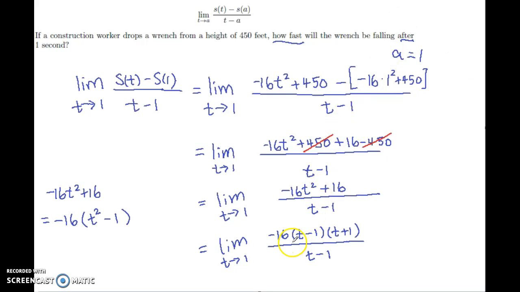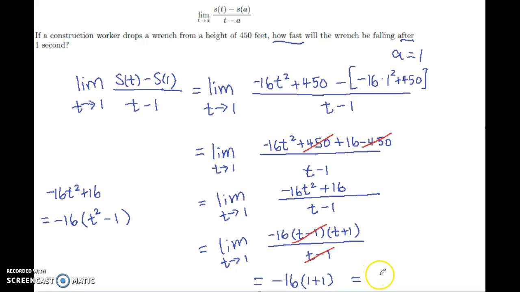So again, we have cancellation right here. And because we eliminate the troublemaker t minus 1, we can just direct substitute. We get negative 16 times t is 1 plus 1.